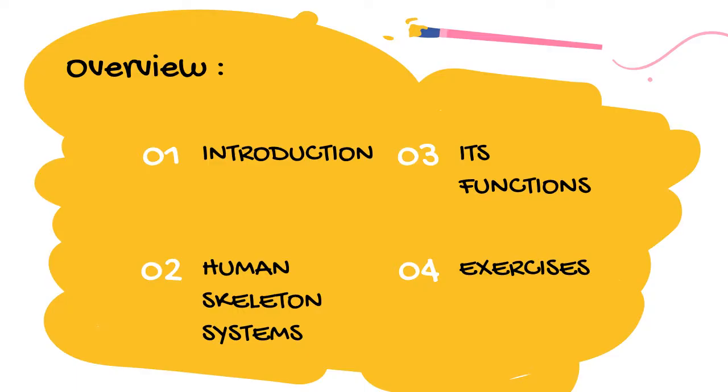Before that, this is the overview of today's class. First, introduction. Number two, you will get to know what the human skeleton systems and their functions are, and the last one, the practices.